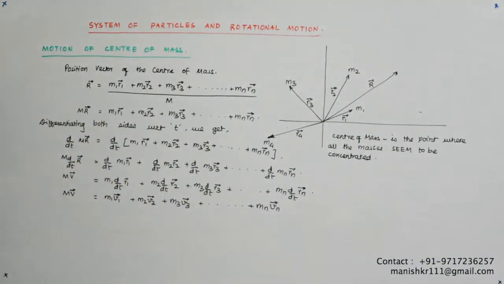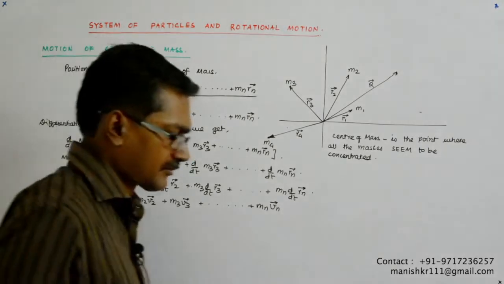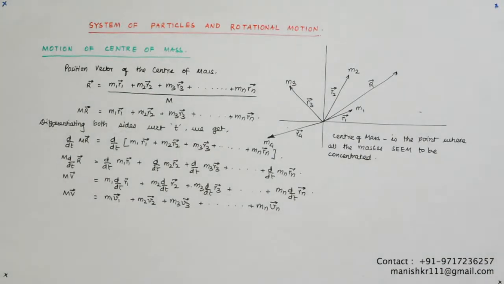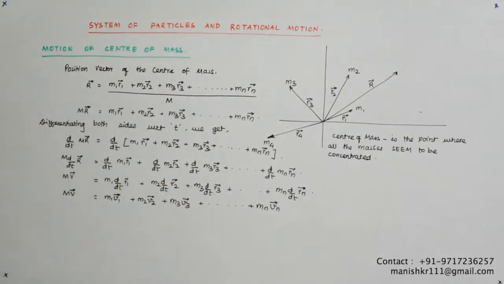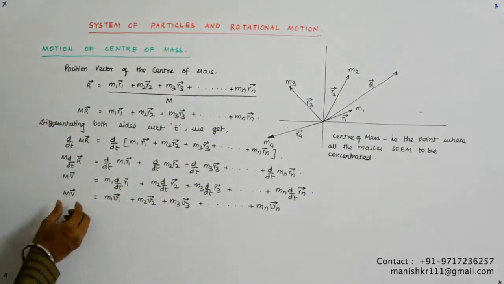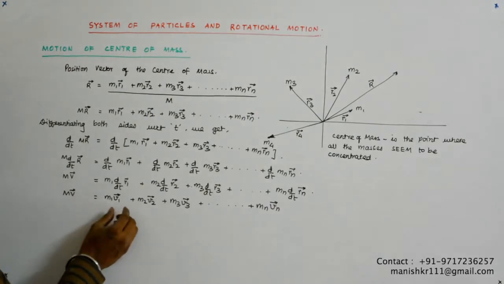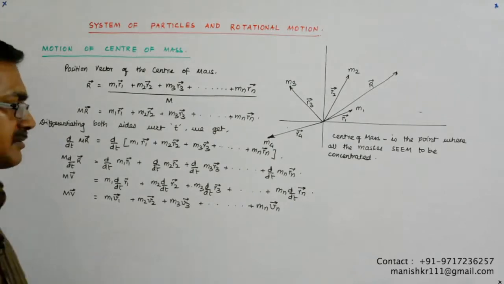So what happens is that we get M V is equal to m1 v1 plus m2 v2 plus m3 v3 plus mn vn.